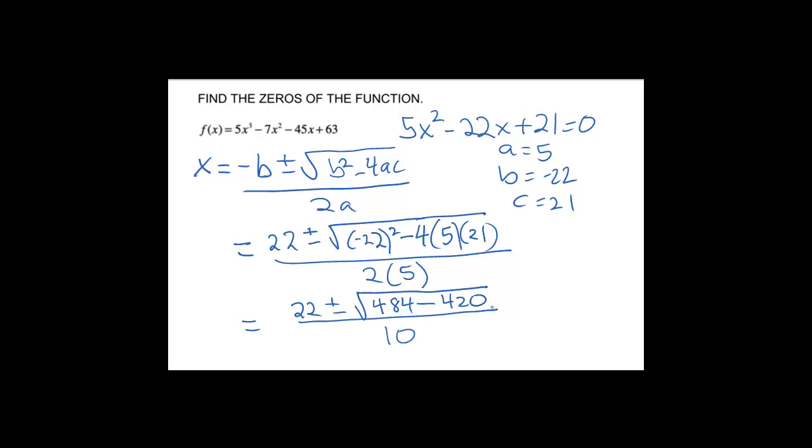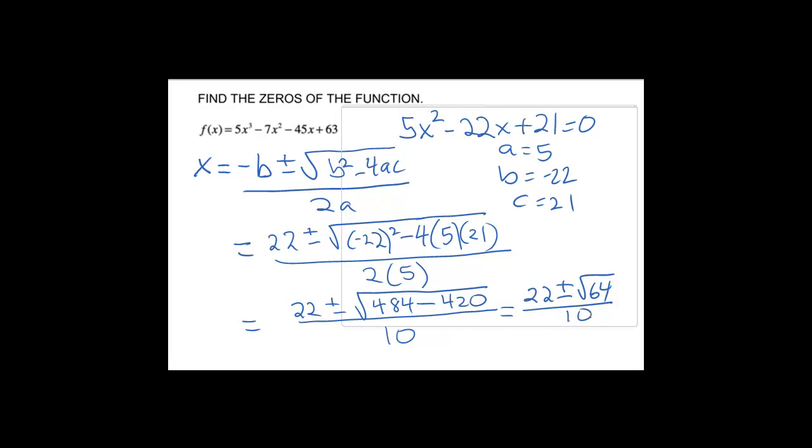And cleaning up under here will give you 64. So we have 22 plus or minus the square root of 64 over 10. And 64 square root is 8. So we have 22 plus 8 over 10, and then 22 minus 8 over 10.